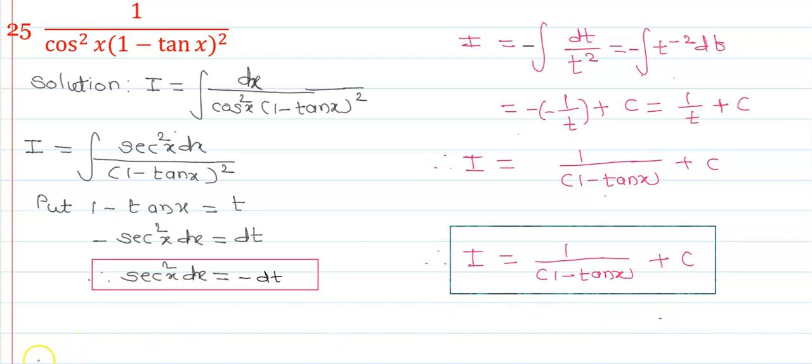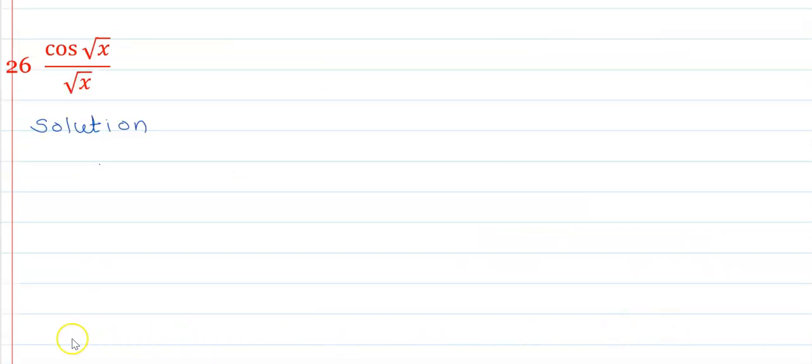Now the next question. Next integral is I is equal to the integral of cos of root x upon root x into dx. Now put, here the function root x is present, its derivative is 1 upon 2 times root x.